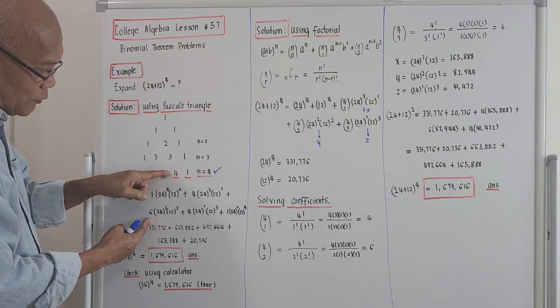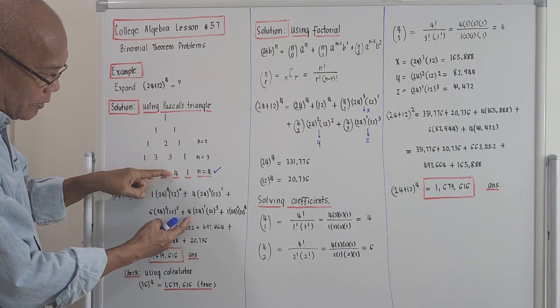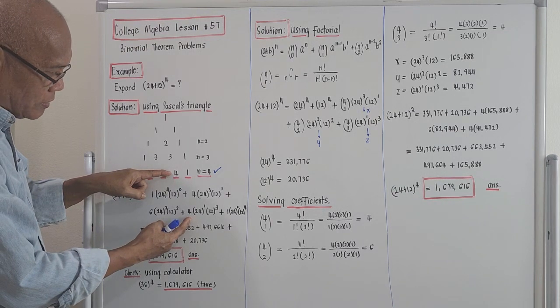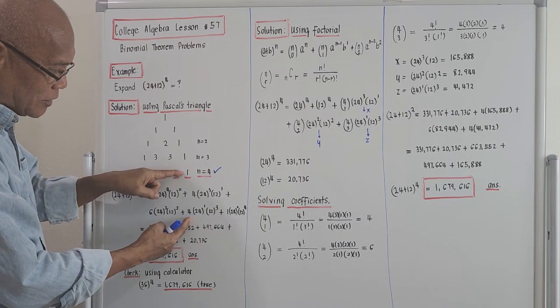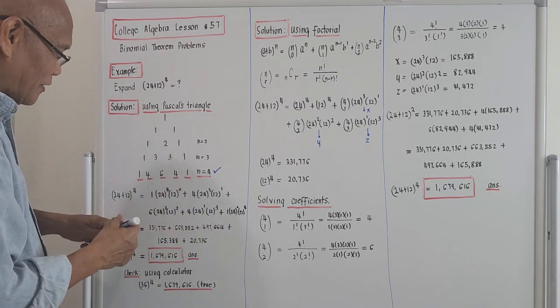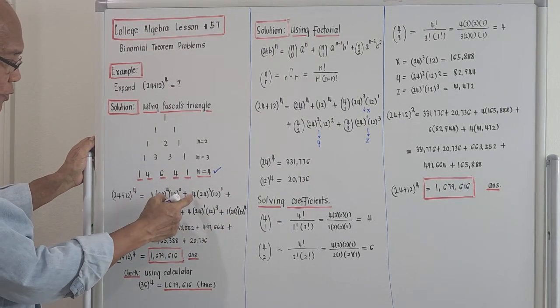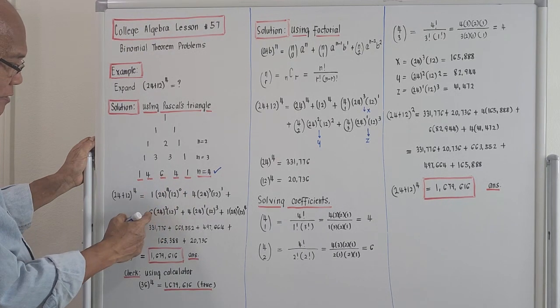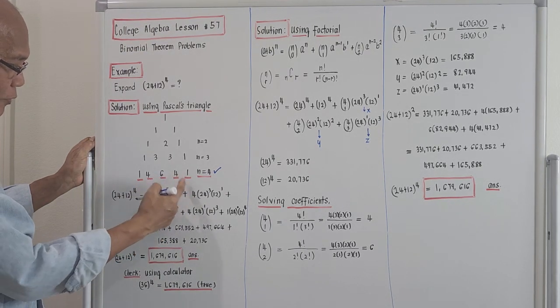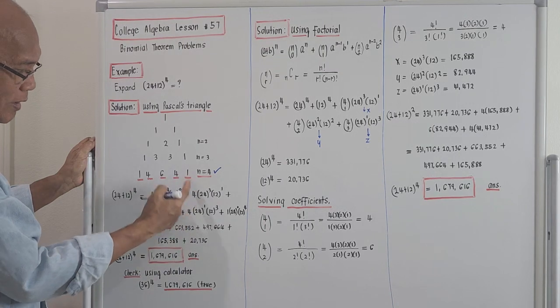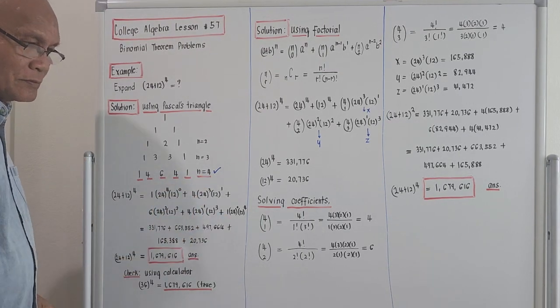The coefficient of the fourth one will be 4. And the coefficient of the last one will be 1. So 1 corresponds to the first term, 4 to the second, 6 to the third, 4 to the fourth, and 1 to the last one.